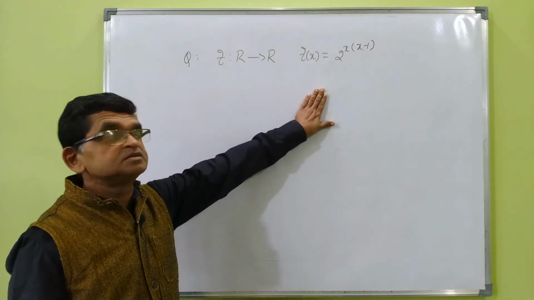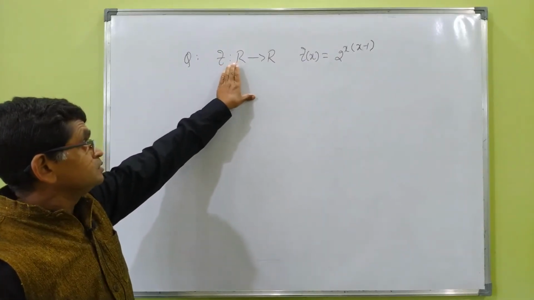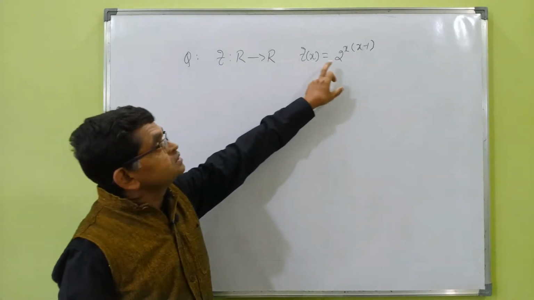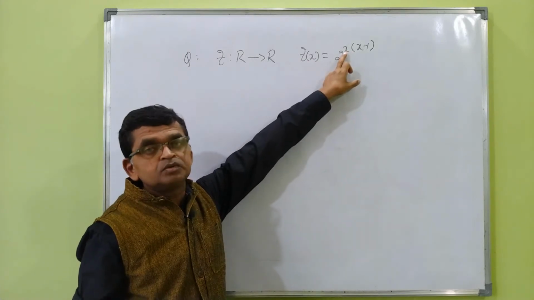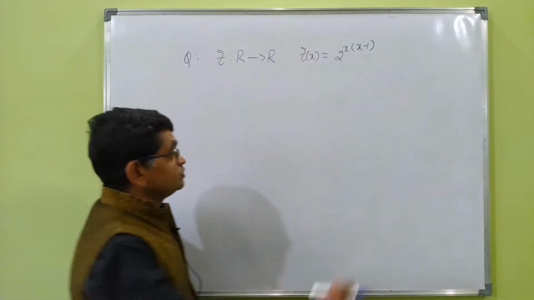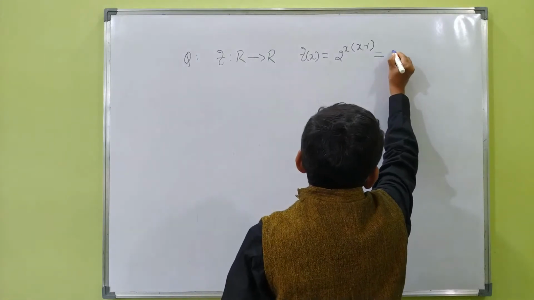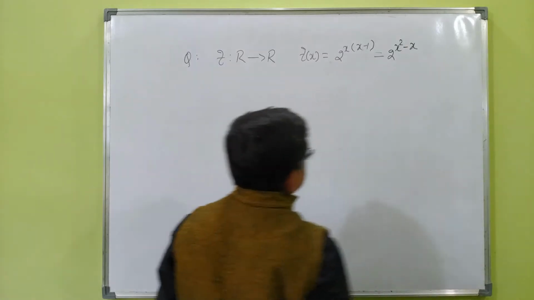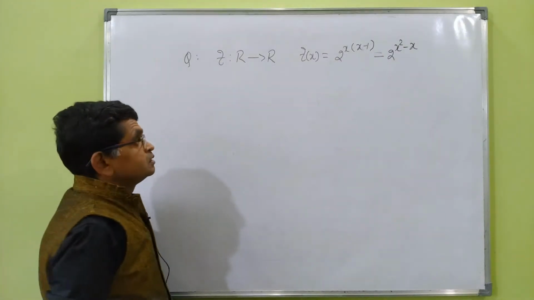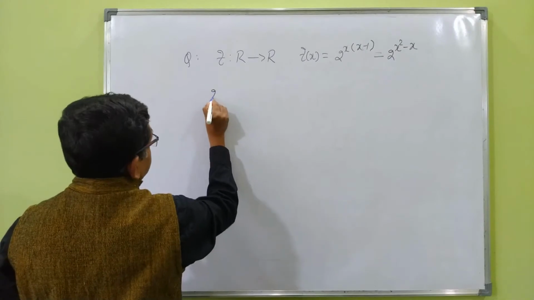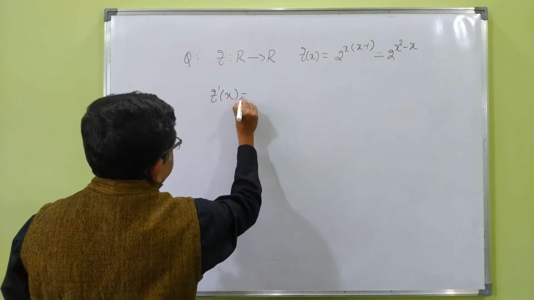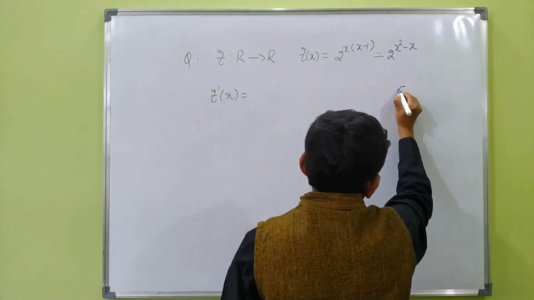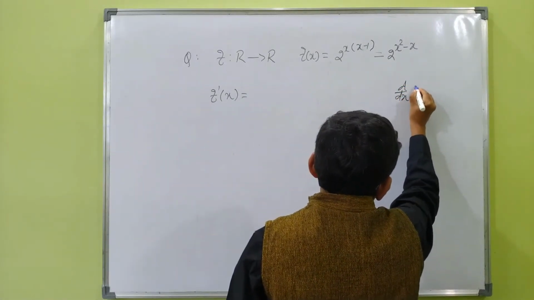See here, this is another example. f from real line to real line. f(x) is equal to 2 to the power x into x minus 1, or if you want you can write this as 2 to the power x squared minus x. Now you have to find f'(x). What is d by dx of a raised to x?